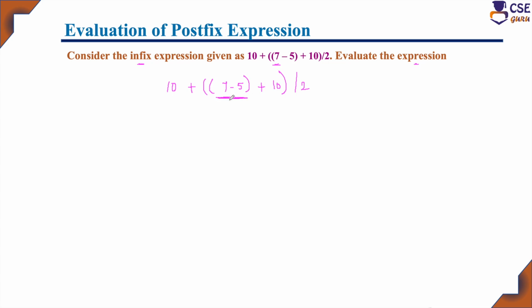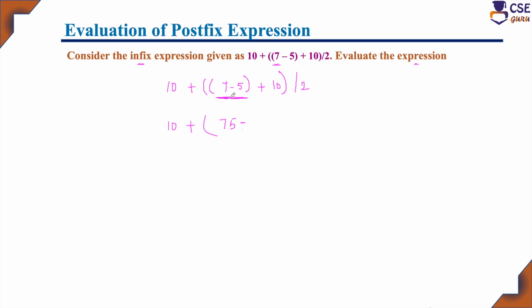So, the innermost bracket elements we need to convert first. Here 7 minus 5, the first operand is 7, second operand is 5, operator is minus. In postfix expression, operand 1 and operand 2 come first, then comes the operator. The remaining you write down as it is.